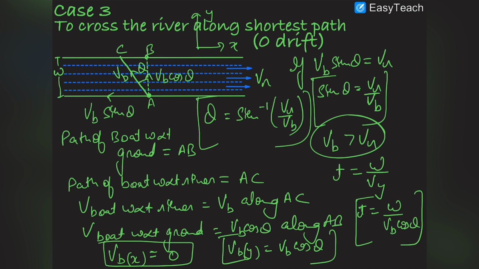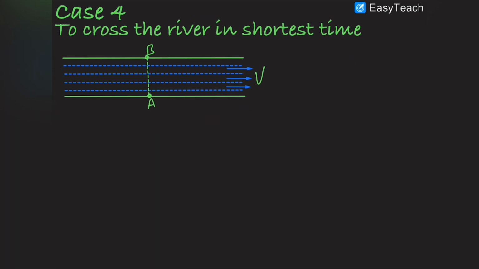Okay, now let us see what is the direction in which he would like to cross the river in shortest time. So to cross this river in shortest time, let us analyze the direction. Can you predict in what direction, in 1, 2 or 3, he should be trying to move so that he crosses the river in the shortest time?